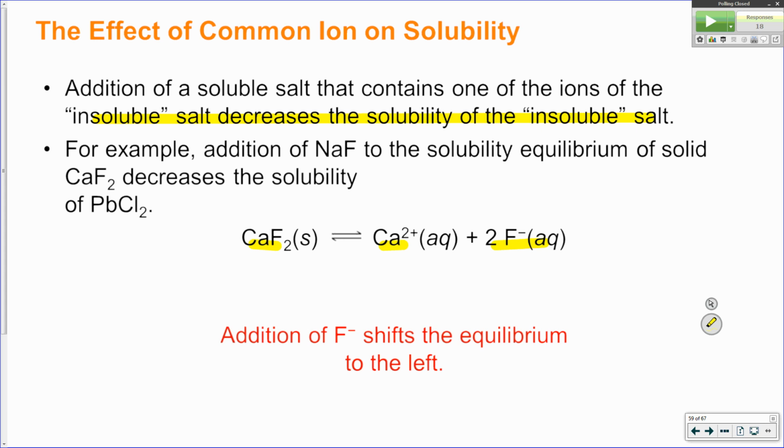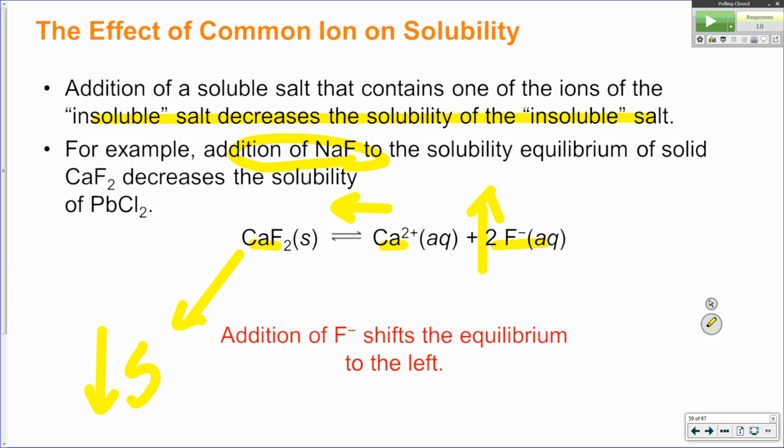If I were to throw some sodium fluoride in here, sodium fluoride is freely soluble. The concentration of the fluoride ion is going to increase, and Le Chatelier's principle tells us if we increase the amount of a product, how does the equilibrium respond? Just back to the left. So as this shifts back to the left, it decreases the solubility. All right, so the solubility of the calcium fluoride is going to decrease in this case.